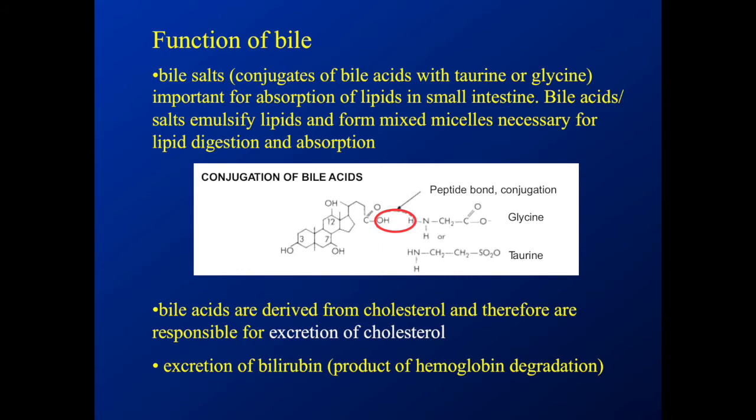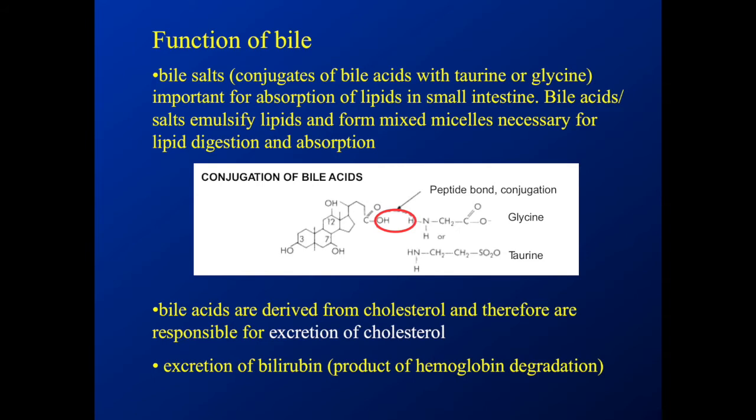And these conjugated bile salts are the product of the combination of the bile acids with either glycine or taurine, and it creates this peptide linkage conjugate, and these then are the bile salts.